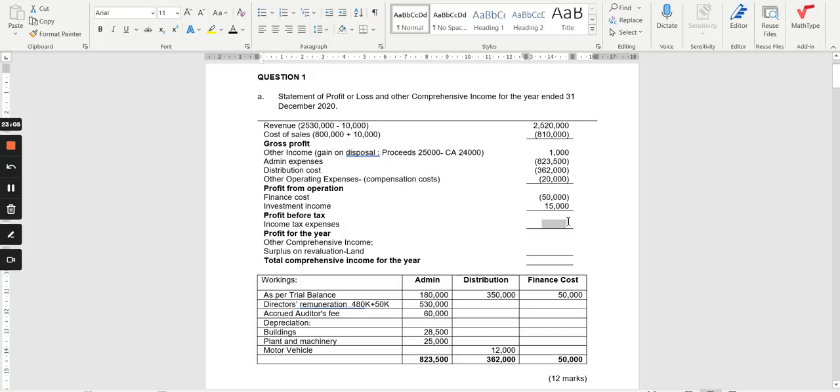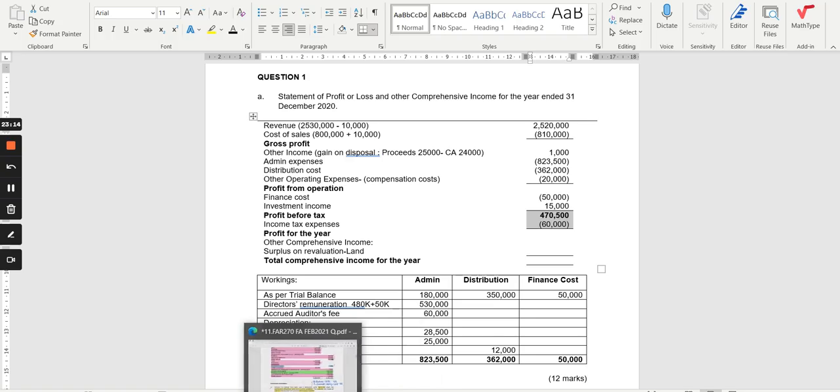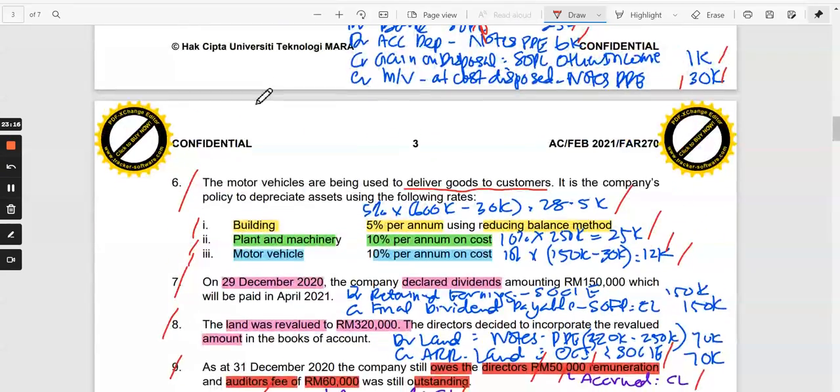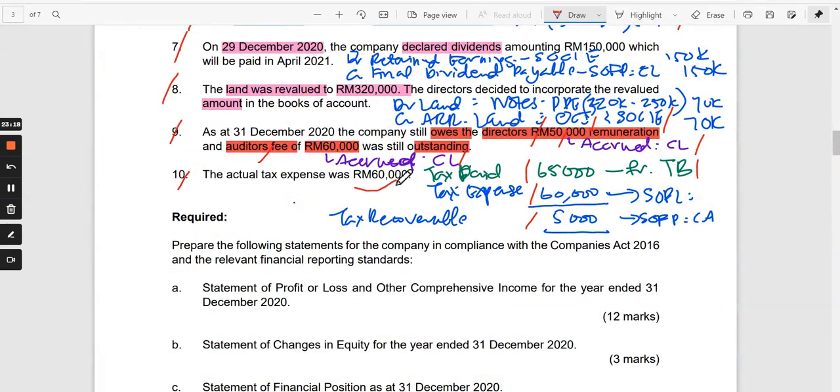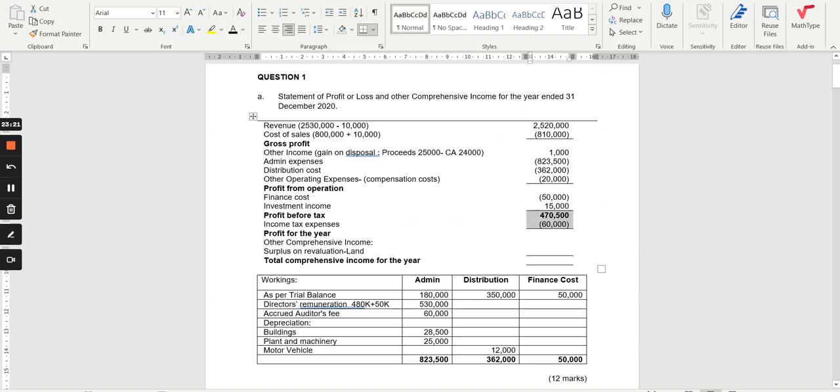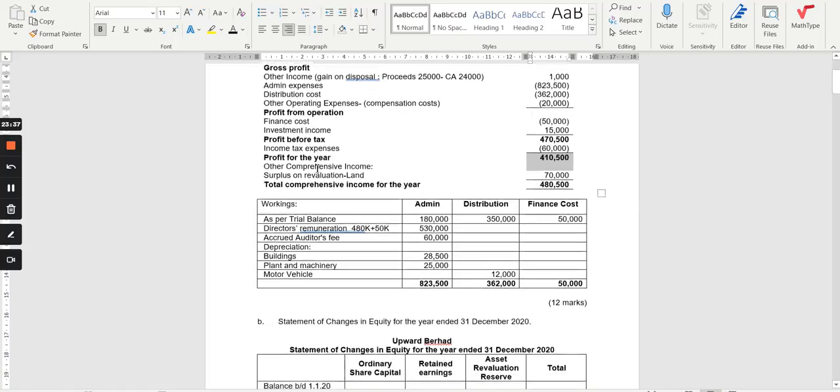Income tax expense, just include the income tax expense here, which is the 60,000 that you have been given in the actual tax expense here, this one. Next would be the other comprehensive income that you have calculated earlier, 70,000 as a result of the surplus on revaluation of land, and this is your profit for the year.